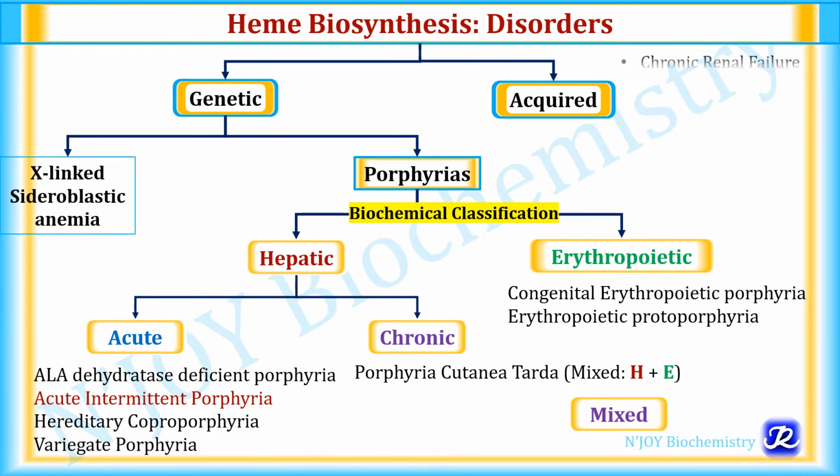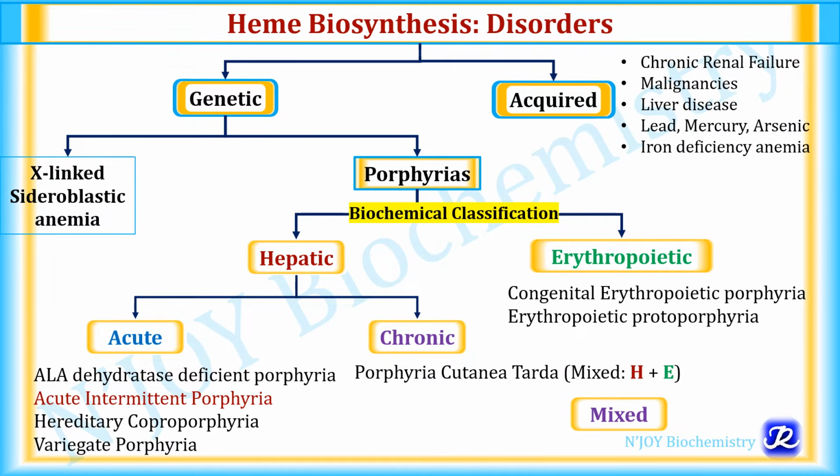Now which are the acquired porphyrias or acquired heme biosynthesis disorders? These can occur in chronic renal failure, malignancies, liver disease, lead, mercury, arsenic poisoning, and iron deficiency anemia. So these are the various heme biosynthesis disorders.